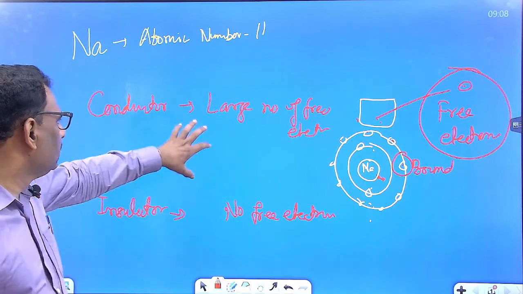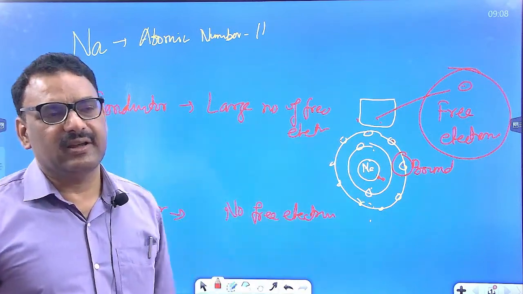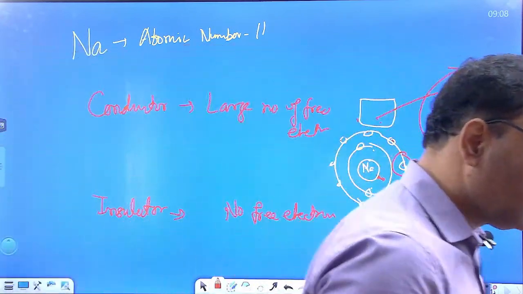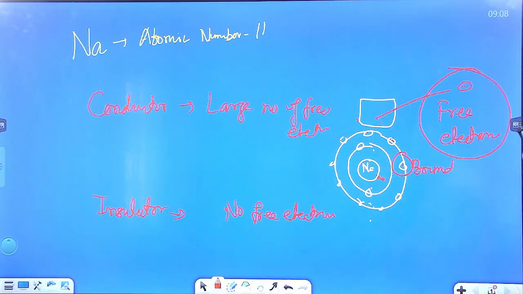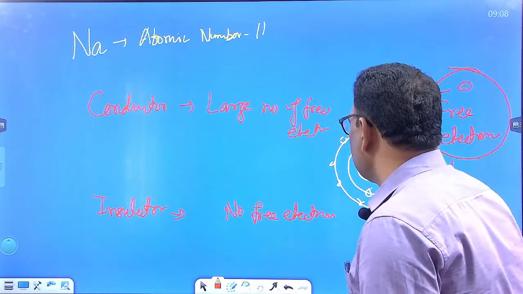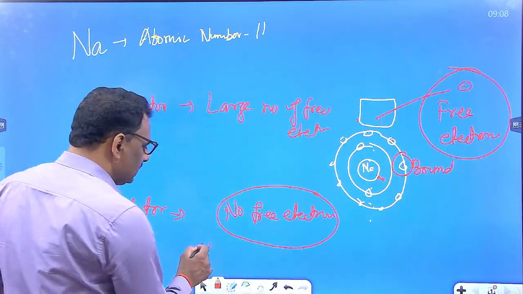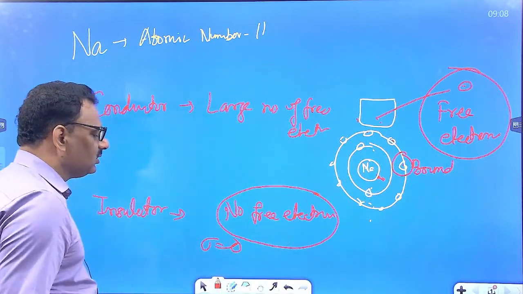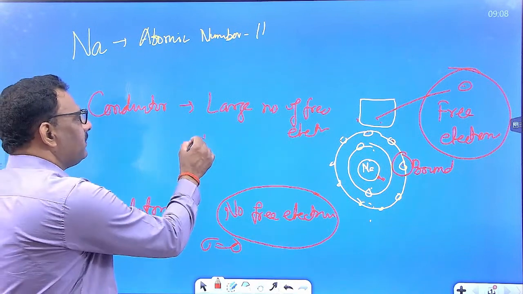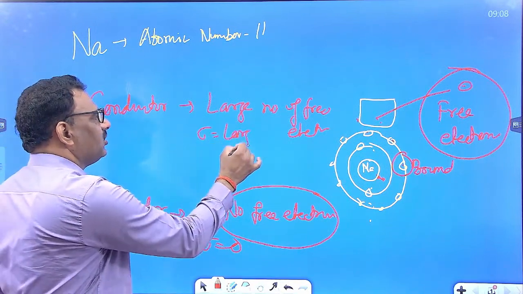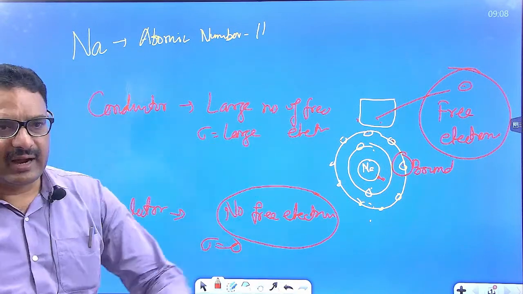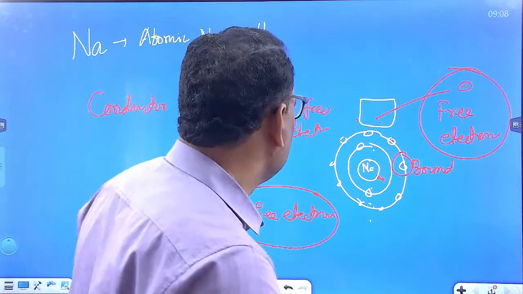Since we know these free electrons are responsible for conductivity, if there is no free electron, conductivity is 0 in this. The value of sigma is 0. In this you have large conductivity because you have a large number of free electrons.